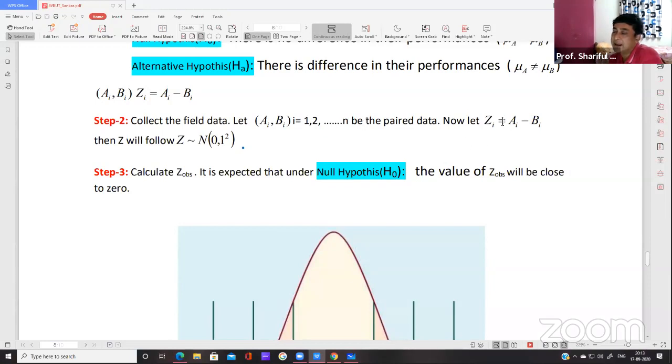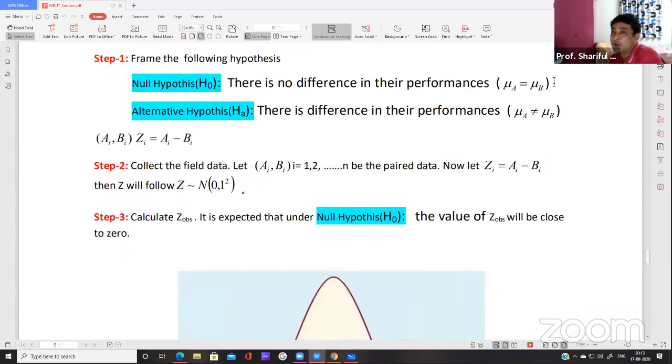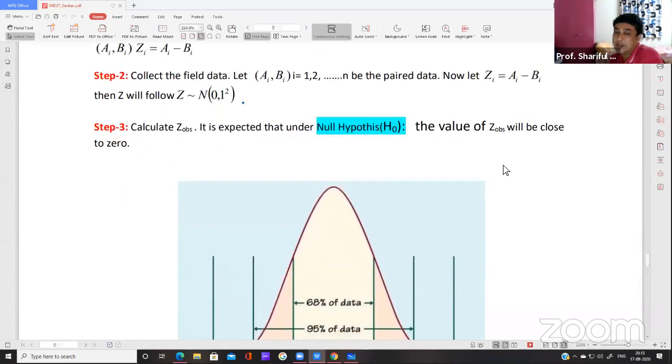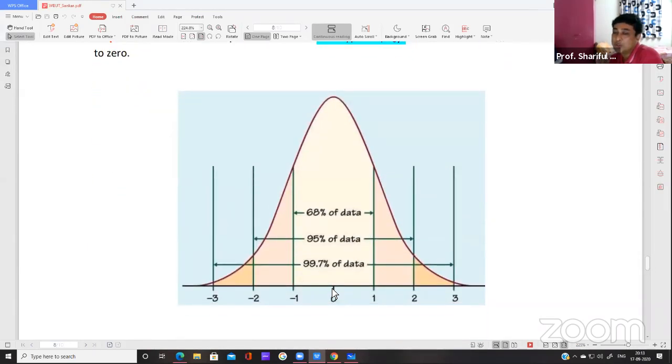Let Zi be a random variable, the difference between these two data. So obviously now standardize this Z variable. If it is standardized, Zi will obviously follow a normal distribution. Okay, under the null hypothesis, if there is no difference, what will happen? Basically, there will be no difference between their performance. So their performance will be very close to 0.